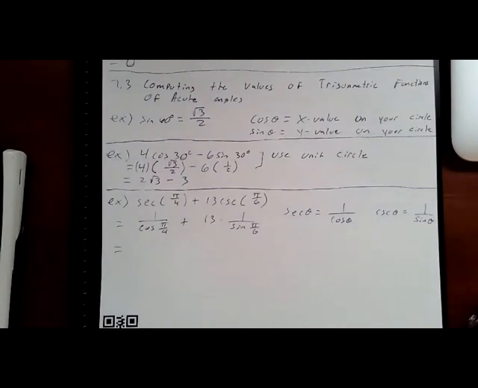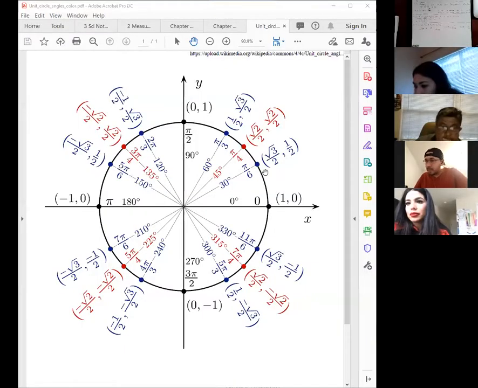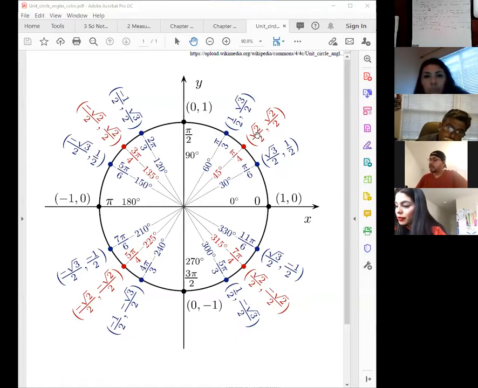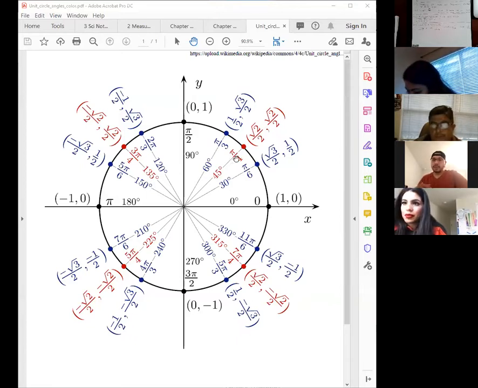So look at your circle. Pi over 4 is a 45-degree angle, right? So cosine will be root 2 over 2. So that's going to be on the bottom of the fraction. So is the sine, because for the middle angle, they're both measured the same. Okay. So let's go ahead and use them.